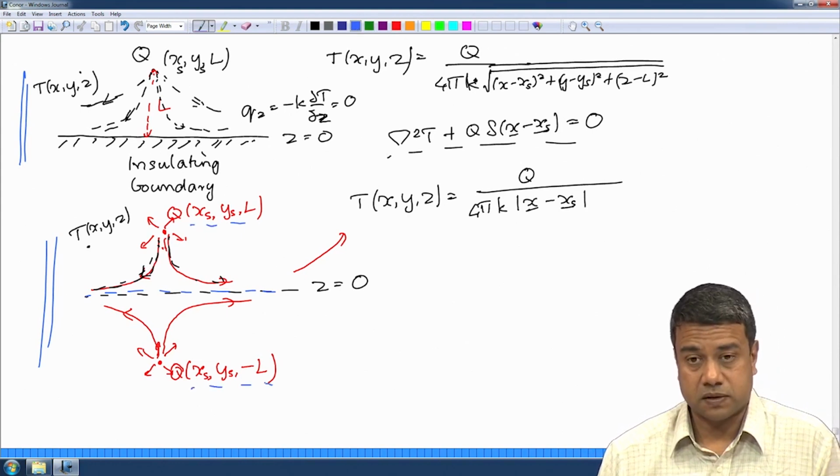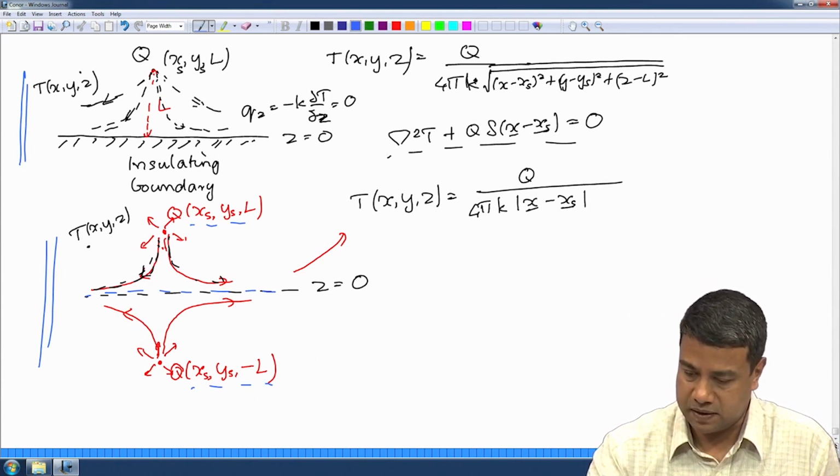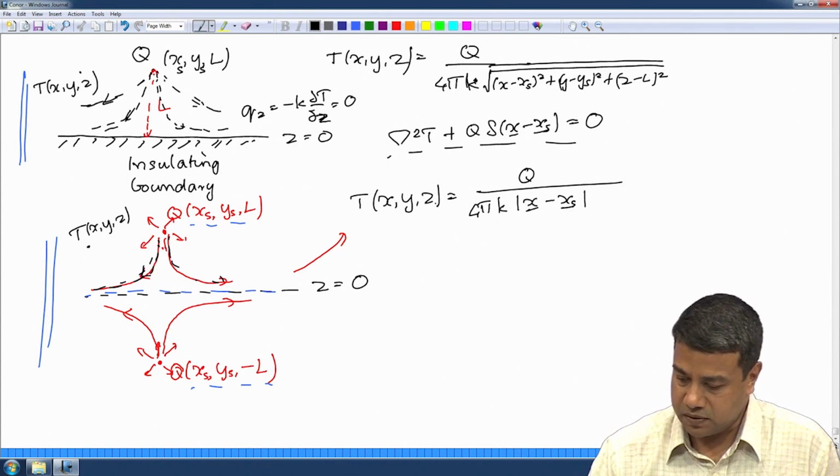But I also have a second source, the image source, the image of that original source. So, I will get a second term which is due to this image.